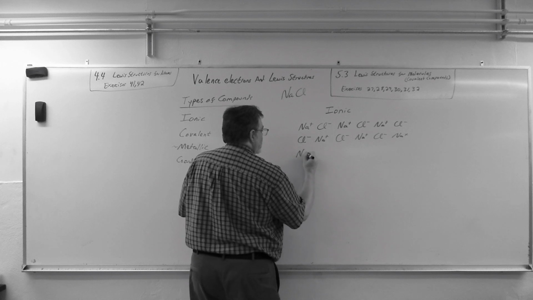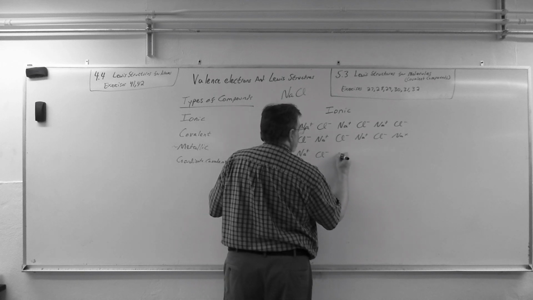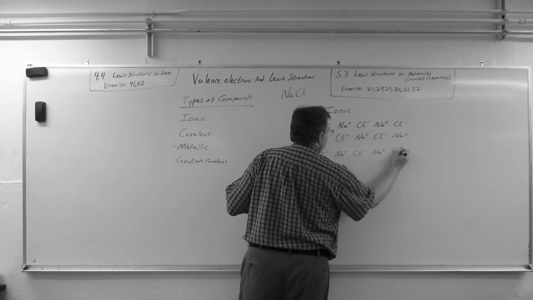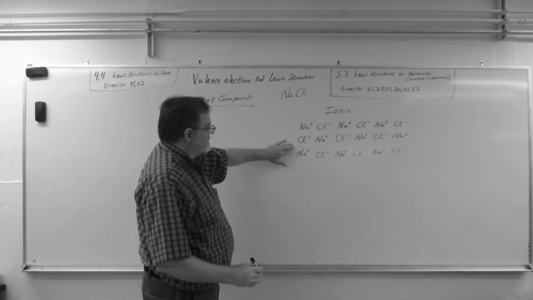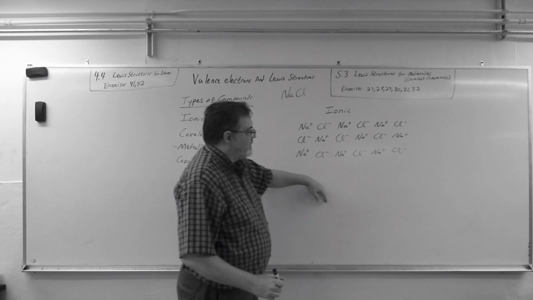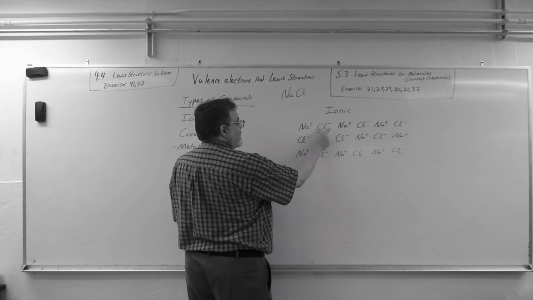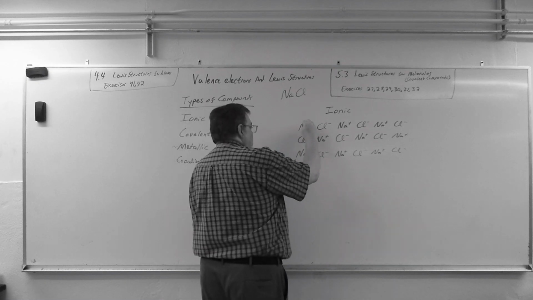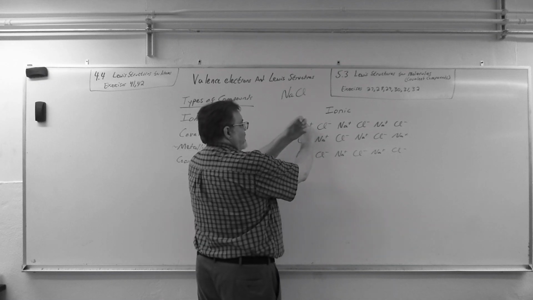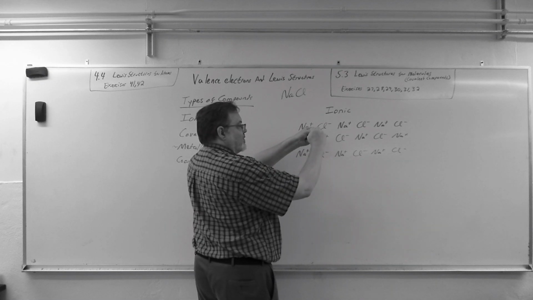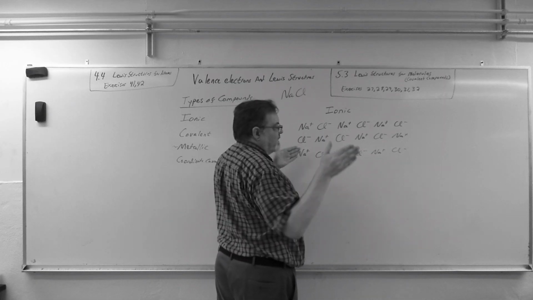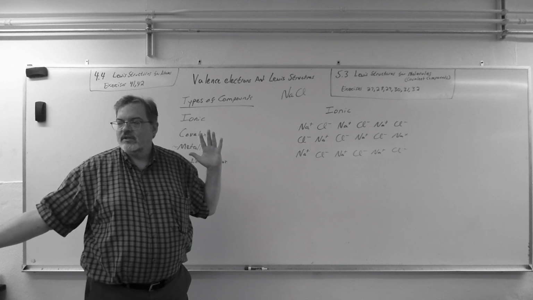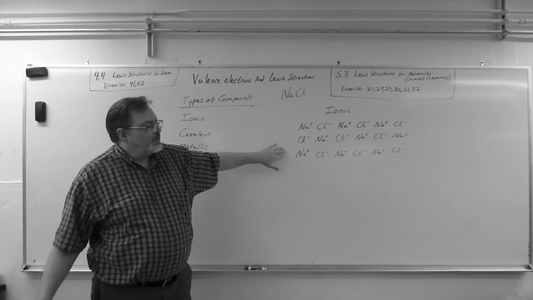And then Na again. And I could keep going as long as I alternate down and alternate across. And you can also picture another chlorine ion right in front of this sodium, and then right in front of that chlorine, another sodium, then chlorine, then sodium, chlorine. So really it's this three-dimensional array that you can just stretch out as far as you want in any direction. That's what an ionic compound is.